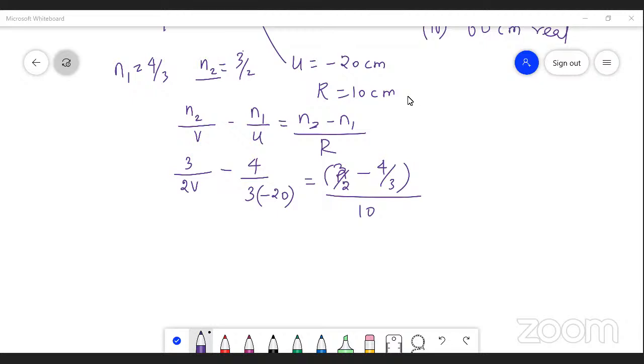So 3 divided by 2V negative, this is also negative.